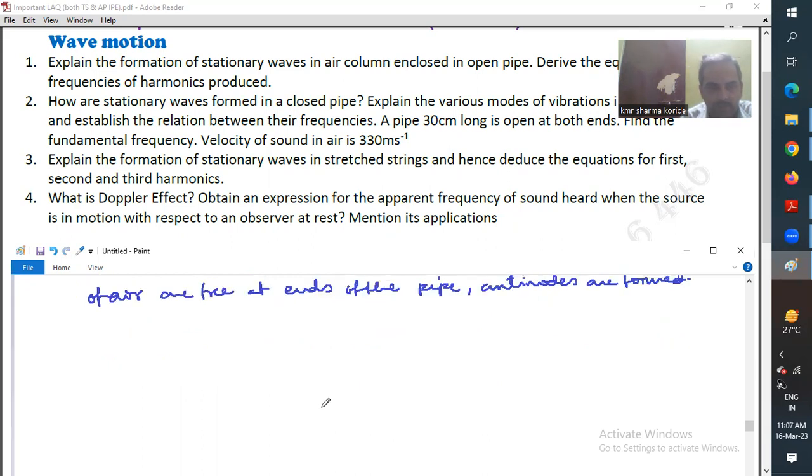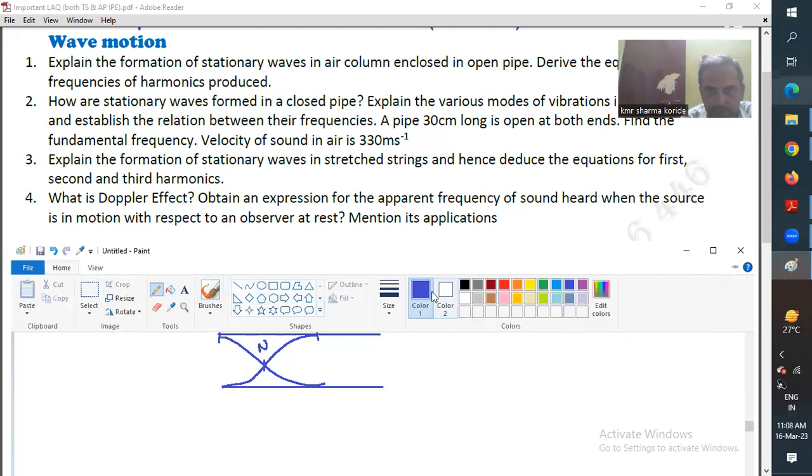Okay. So in order to get the equation for the frequencies of harmonics, let us try to have a stationary wave. This is an open pipe producing a stationary wave in such a manner that we have one loop, one antinode, node and antinode.